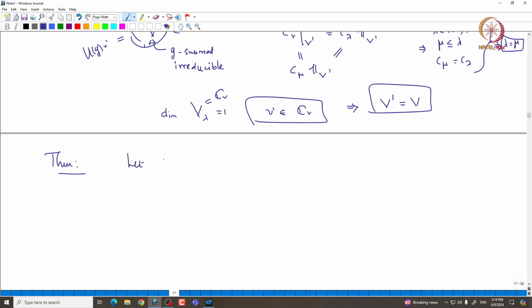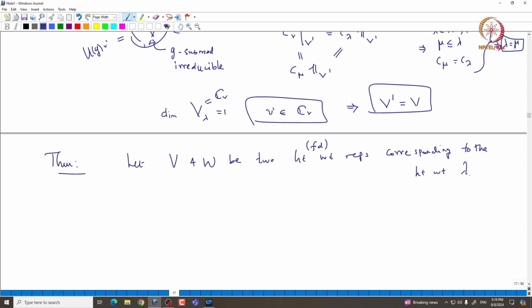Let V and W be two highest weight representations corresponding to the highest weight lambda. We are fixing lambda, which must be dominant, because we assume everything is finite dimensional.